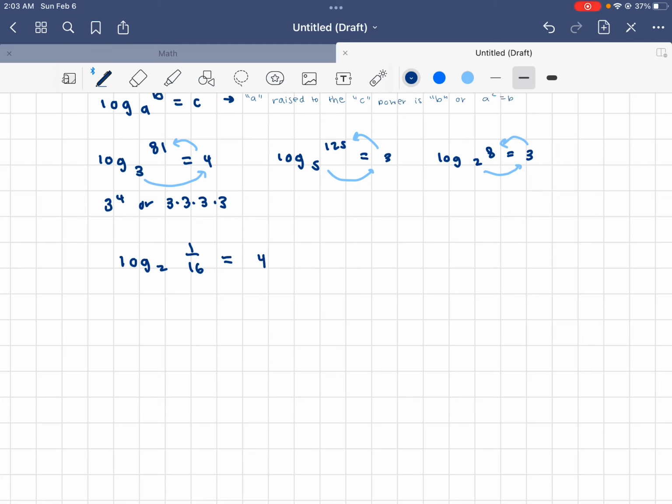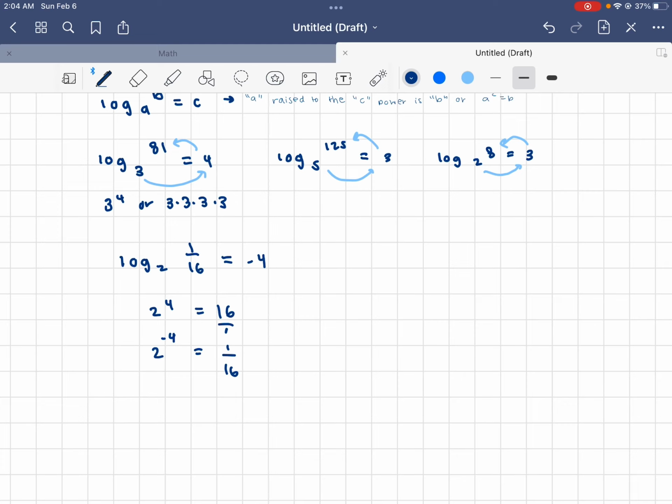But to get it to 1/16, so for it to be a fraction, it's going to be -4. So 2 to the power of 4 equals 16. But when we flip it, the 16/1, we're basically going to change the sign like that.